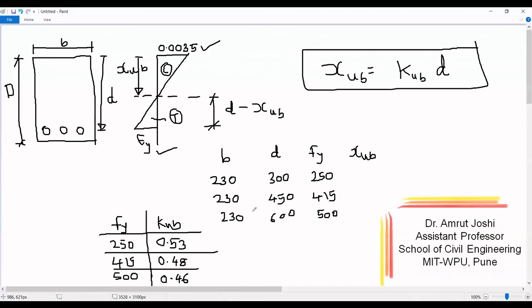For the first beam, Fy is 250, so KUB is 0.53, and the neutral axis would lie at 0.53 times 300. For the second beam, it will lie at 0.48 times 450. And for the third beam, it will lie at 0.46 times 500.